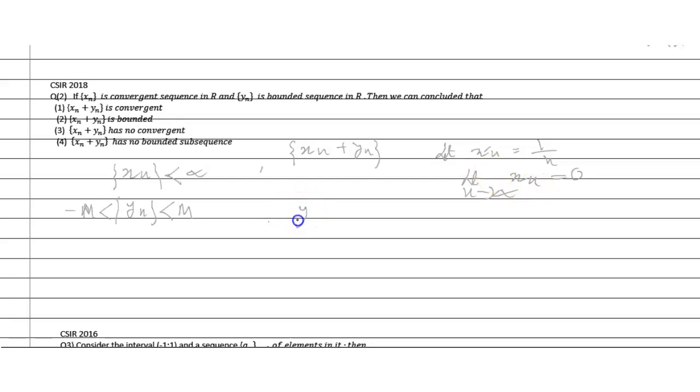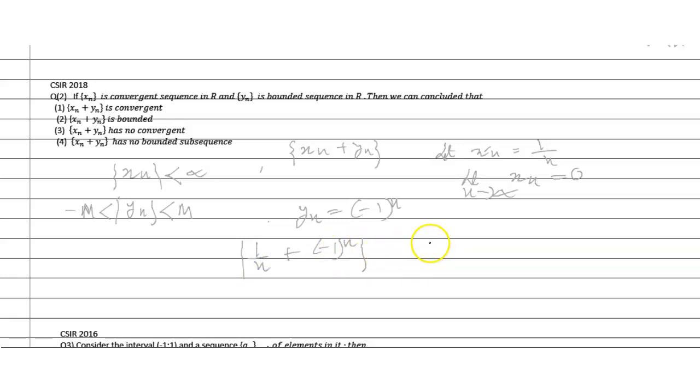And yn equals minus 1 whole to the power n. So xn plus yn is convergent? xn plus yn means 1 by n plus minus 1 to the power n. Is this value convergent or not?